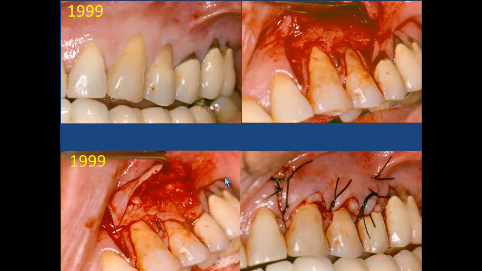A subepithelial connective tissue was harvested from the palate and sutured with the flap at the most coronal level up to the cemento-enamel junction.